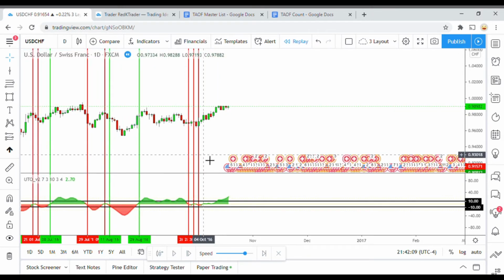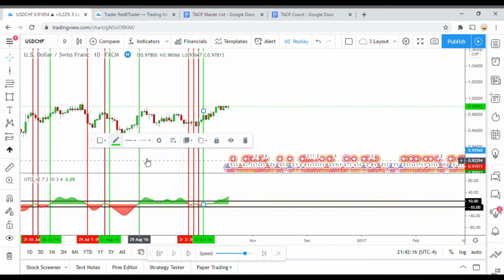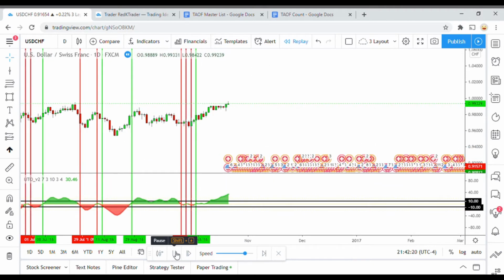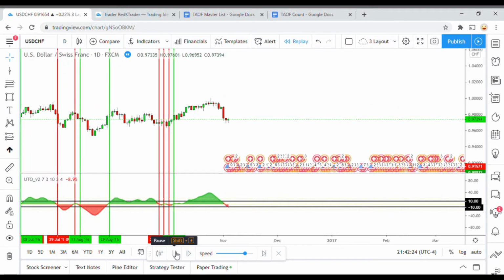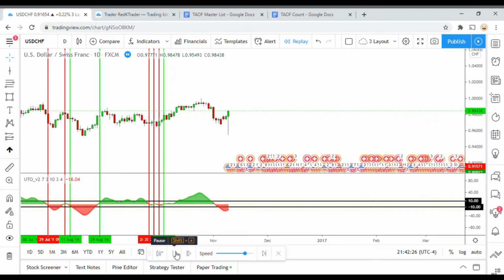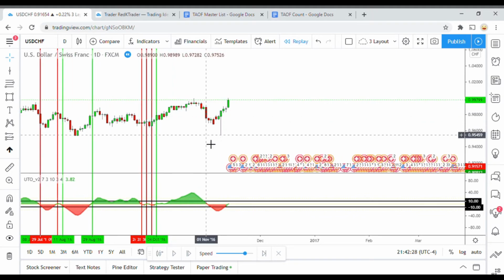And there it goes. Finally took off to the upside. Getting us back into a good trade. And plugging along now. Let's see what it does. Tanked out some there.